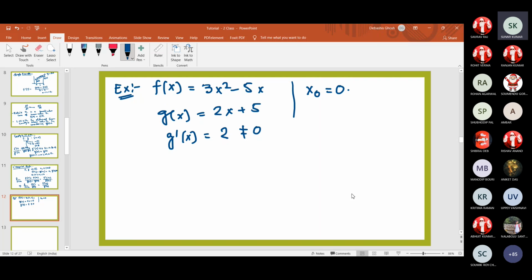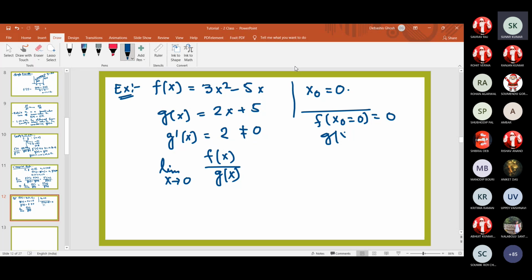But if you consider the limit as x tends to 0 of f x by g x, what I am saying is that f of x0 is equal to 0, but g of x0 is not equal to 0, and that is equal to 5.